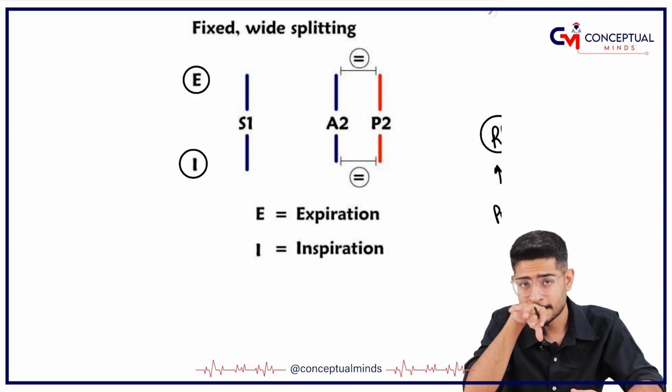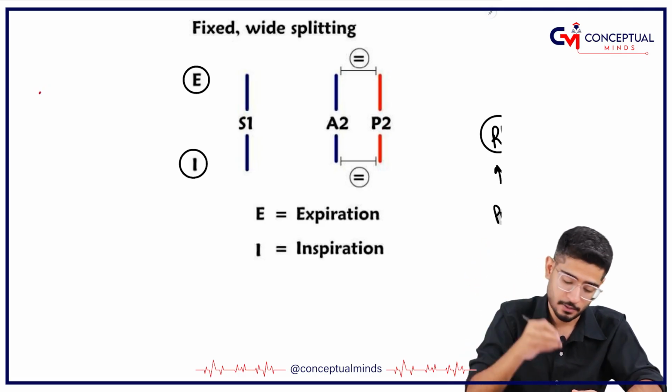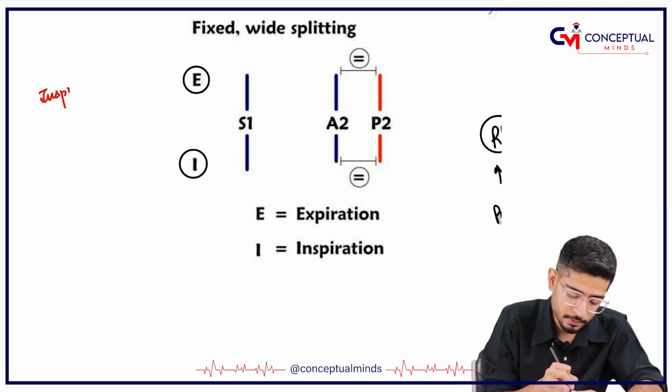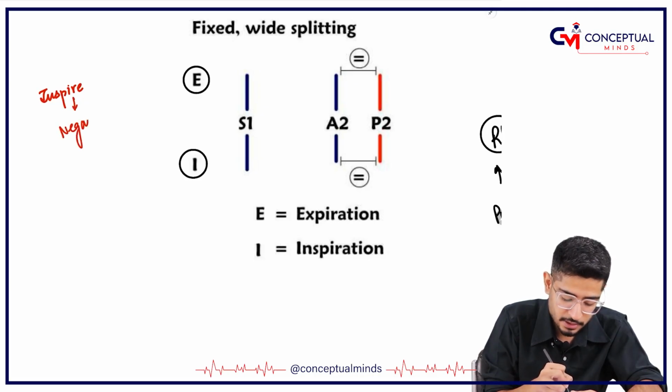Because when we inspire, what is going to happen? There will be a lot of negative pressure generated intrathoracically. That is going to increase the blood flow to the right side.